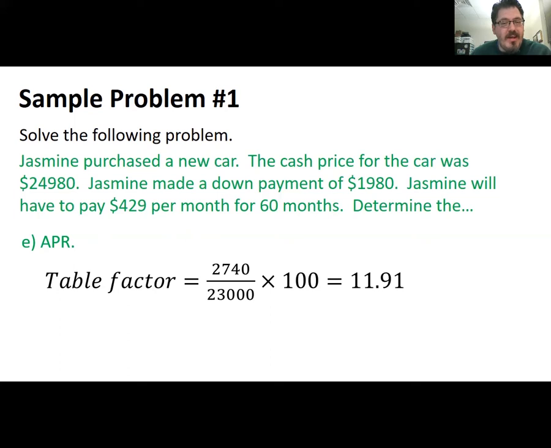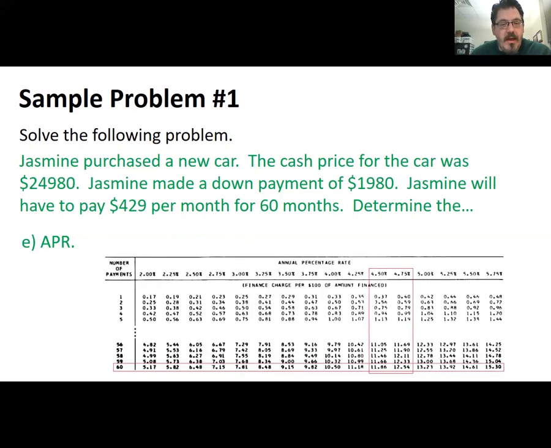We get this 11.91 value. Again, we need to know that number in order to go to a table to figure out the corresponding interest rate. I know it's a little hard to read, but in our table, we go down the column and find the 60 months, the 60 payments that she's going to make. And we go across until we find as close to that table factor that we just calculated as possible. If you notice on that very bottom row, there is an 11.86 and a 12.54.